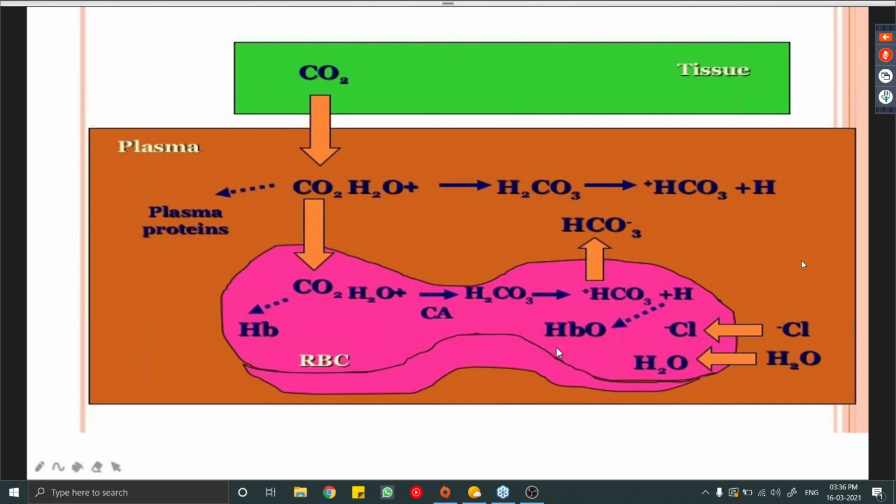The histidine has an imidazole group, which can take the H plus ions and help in the formation of salt bridges in the alpha beta 1 and alpha beta 2 dimers. So this happens in the deoxygenated, that is in the taut form. Whereas the excess bicarbonate gets shifted outside into the plasma, and there is a shift of chloride ions.